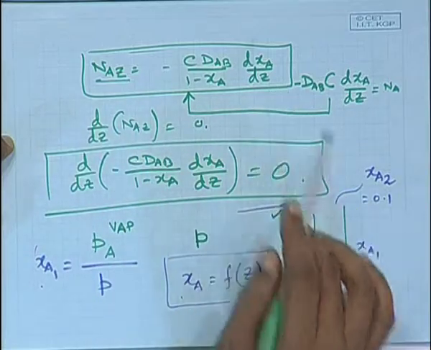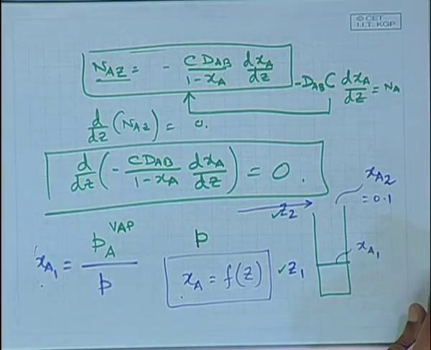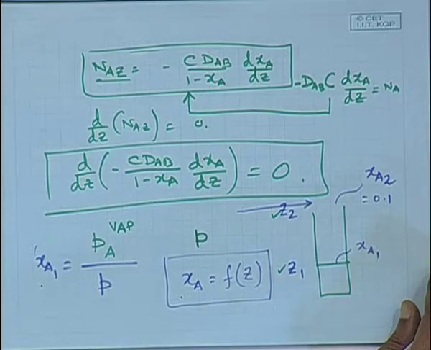Where would you want to evaluate this? At Z1 or Z2, or anything in between? Someone said 1, someone said 2. Why anywhere in between?